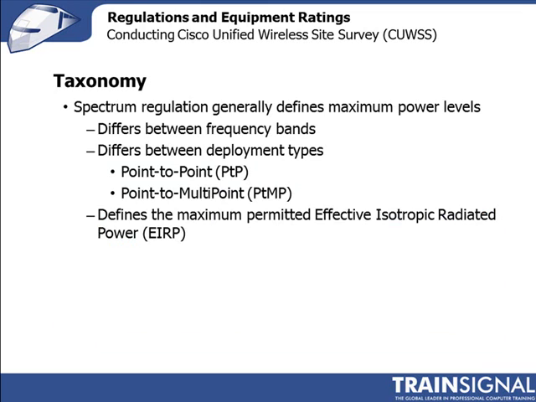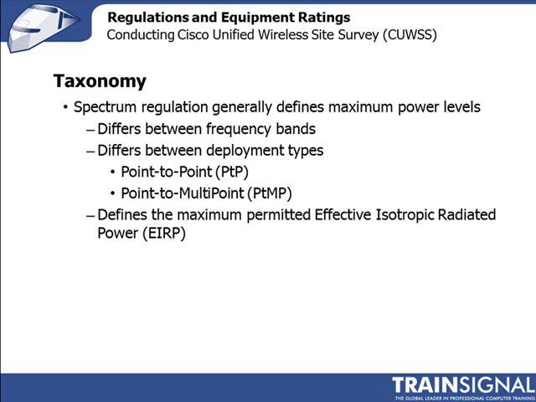Now, when we look at spectrum regulation operating in that unlicensed band, one of the big things that's controlled is the power level, your transmit power level. Because we're dealing here with an unlicensed band, and we want to enable lots of devices to operate in the same band, the regulators really control the transmit power level, so that actually reduces the size of your cell and then allows other devices to operate around you.